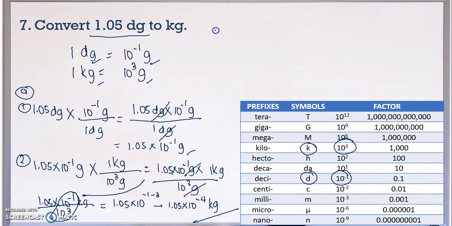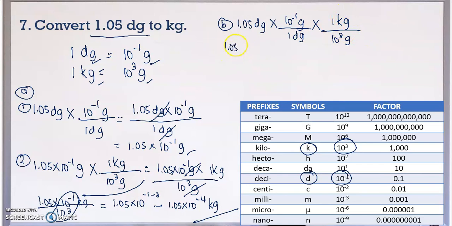For the last part, the all-in-one go method. 1.05 decigram multiplied to the first fraction, which is 10 raised to negative 1 gram over 1 decigram, multiplied to the other fraction, which is 1 kilogram over 10 raised to 3 grams. Combine all the upper terms and all the lower terms.